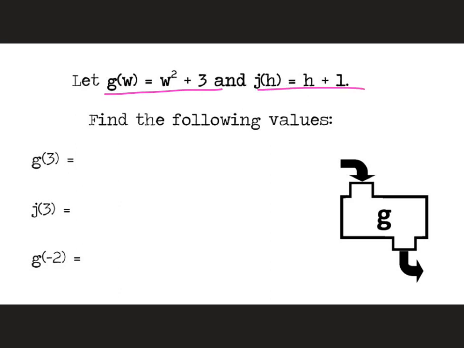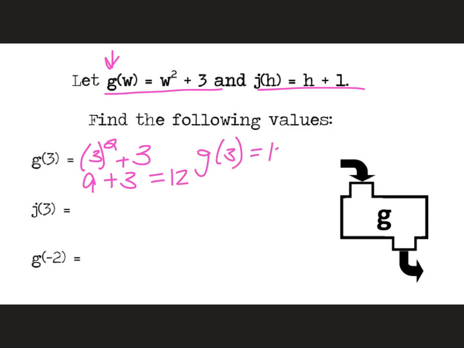So we have these two here. So the first one we're going to do is g of 3. So we're going to take the function that's named g, and we're going to substitute a 3 wherever there's a w. So we would have 3 squared plus 3. So this would be 9 plus 3, which gives us 12. So g of 3 equals 12.